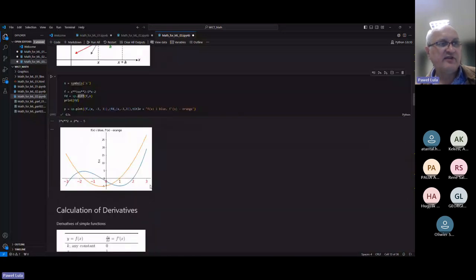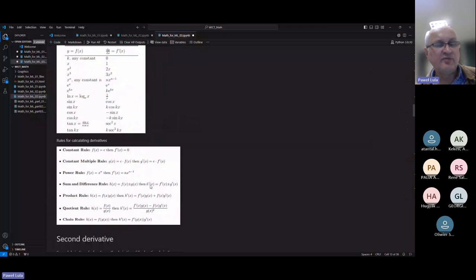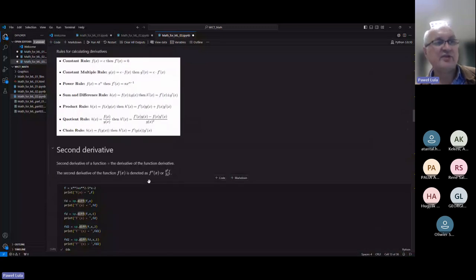For the second derivative, the symbols which we use for representing these values are here. It is the name of this function, in this case the letter f with two apostrophes, or this fraction, and in this fraction, as a numerator, we have delta to the second power, but it is not the second power, it is the second derivative.